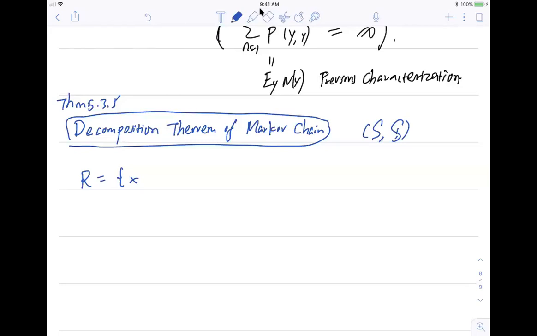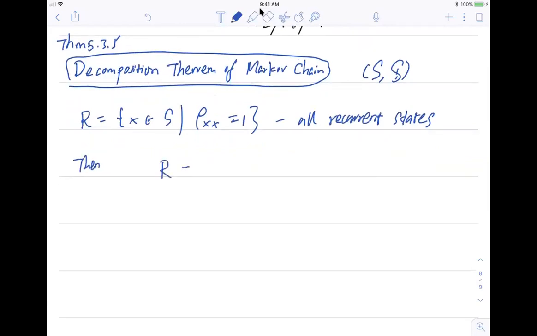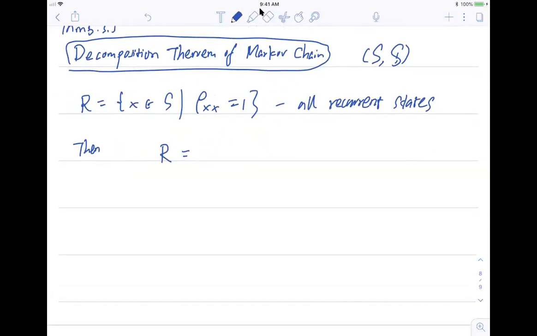Let U be the set of all recurrent states. Then we can decompose this U as a union. Actually, this is a disjoint union.